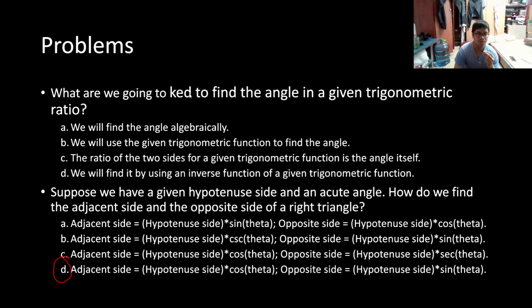All right. So here we have a given right triangle, right? And then let's just say we have a given acute angle here and we have the hypotenuse. We want to find the adjacent and the opposite side. So, of course, we already know that the adjacent is just beside the angle, and that which is not beside the angle is your opposite side.